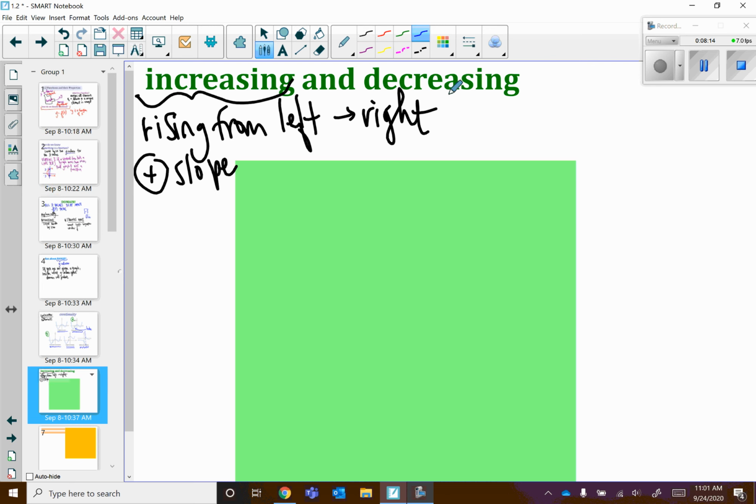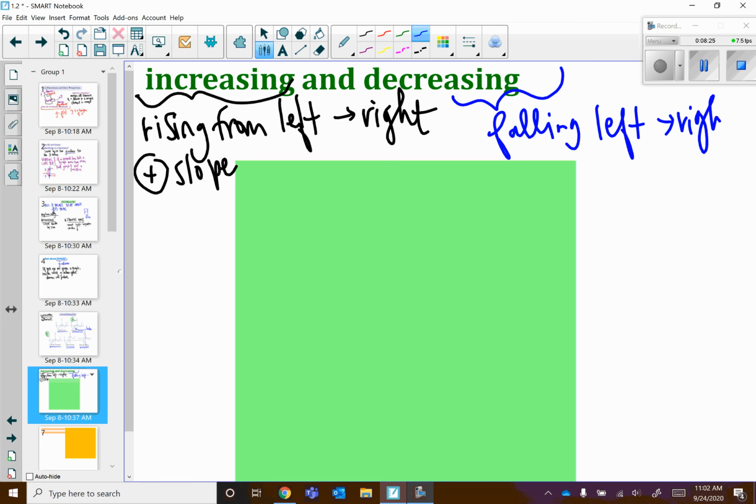To be decreasing would obviously mean the opposite, that it is falling as we move from left to right. Or another way to think about it is that it has a negative slope.